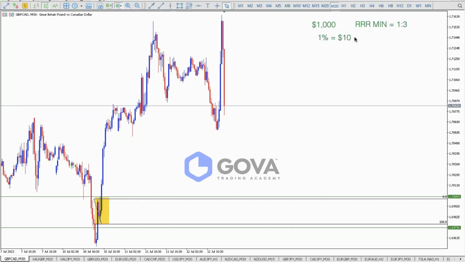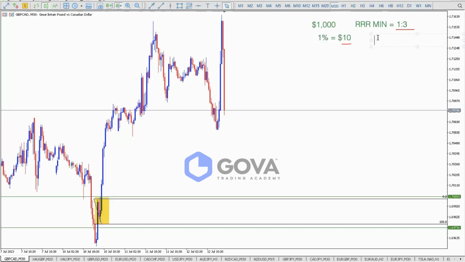So it means that the reward is going to be 3 times. Remember, we need a minimum of 1:3. So 10 times 3 is 30. The profit we are expecting is going to be $30. Do you understand? So that's $30 reward.